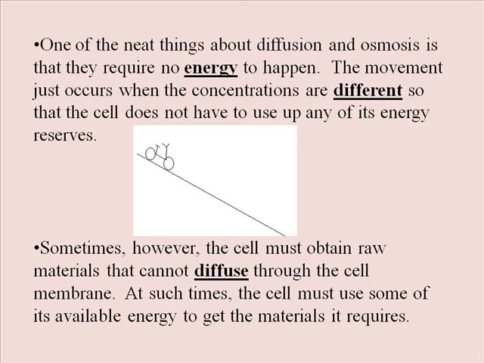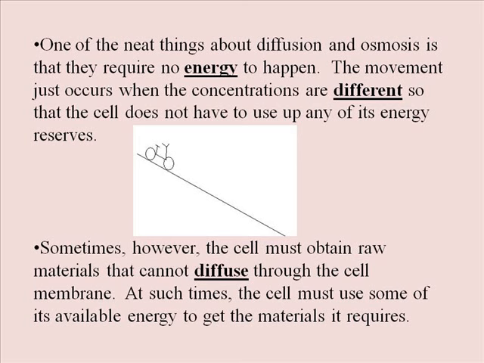One of the most important things about diffusion and osmosis is that they require the cell to use no energy to happen. Because it's going from a high concentration to a low concentration, it's almost like riding a bike down a hill. You're going from the high part of the hill to the low part of the hill.